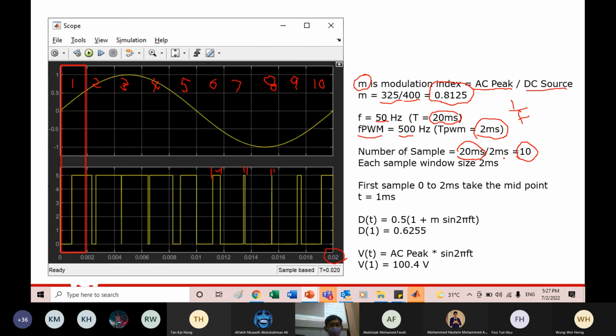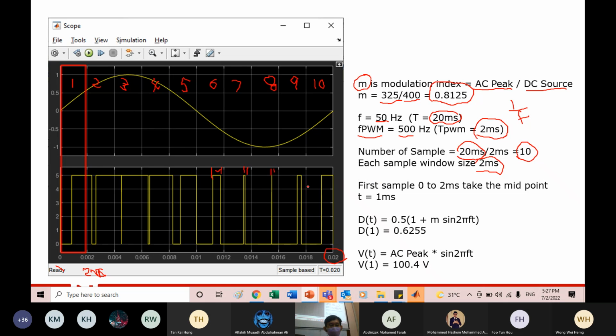This is how we calculate them. Each sample cycle is 2 milliseconds, so you can see from 0 to 0.002, which is 2 milliseconds. This is the first piece. Now, how do we know the duty cycle of this piece and the magnitude of this analog signal?